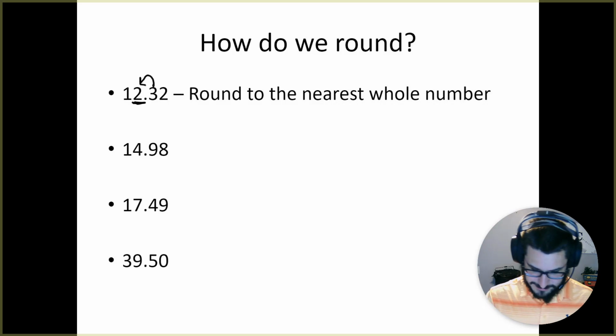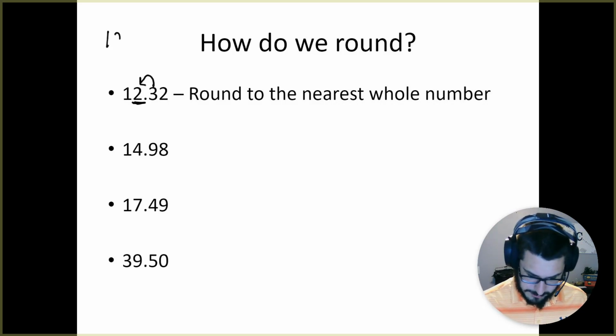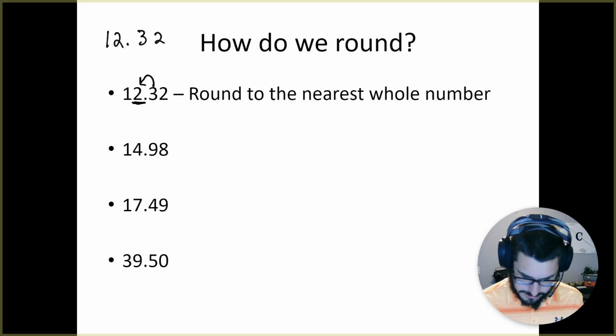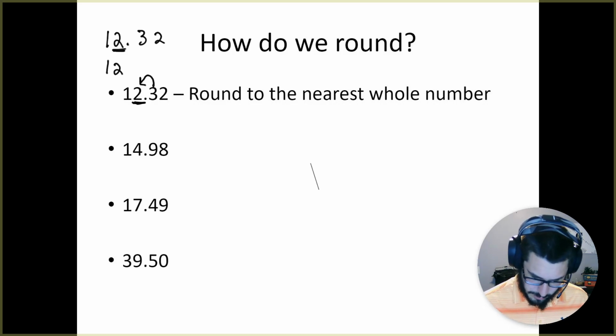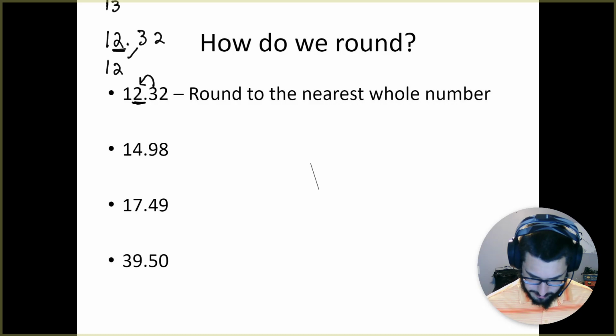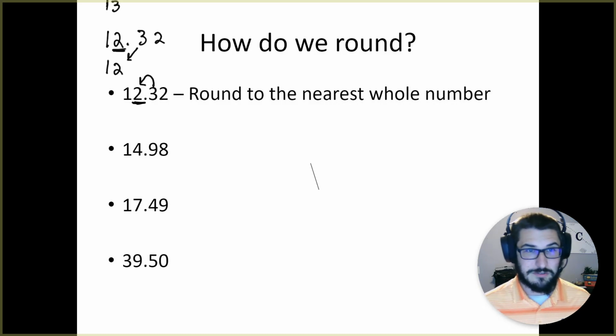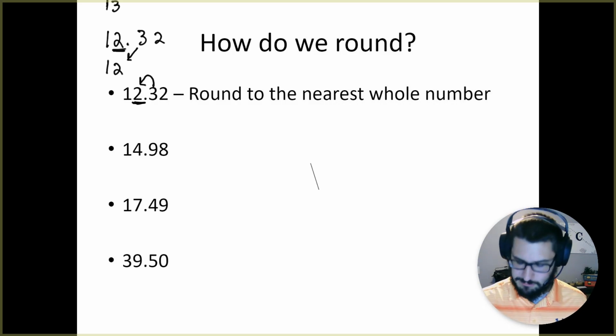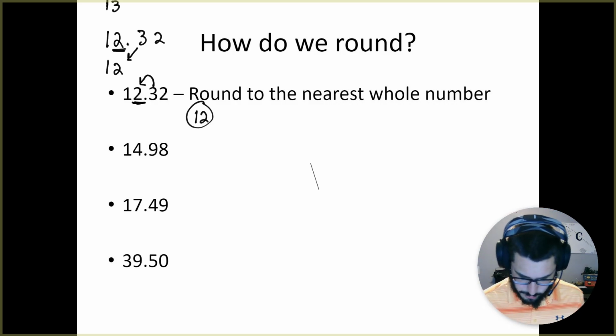The way that I think about that is when you're looking at a number 12.32, you're trying to figure out what ones place is closer, 12 or 13. And because the 3 is closer to being at 12, that's what we're going to round down to. Again, if you think about that just staying the same, that's totally fine. Our answer would be 12 here.